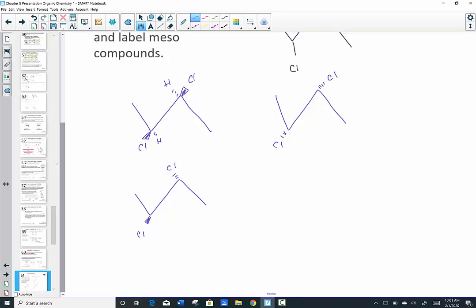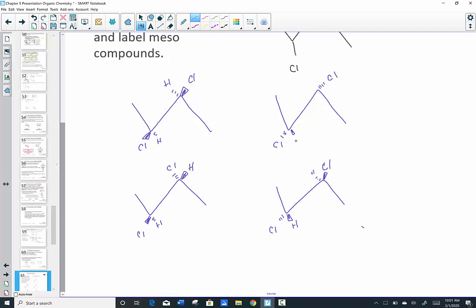That's a third structure. And then its mirror image would have chlorine coming out with the dash here and the wedge up here. Don't need them, but I'll place them in.